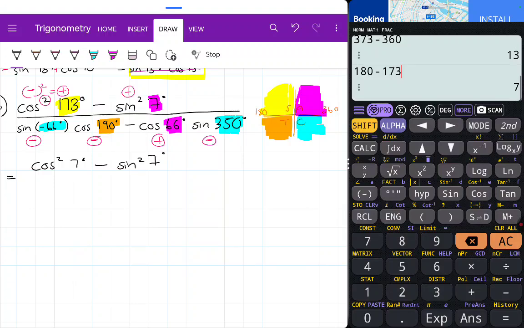Whew, that already looks very promising. Let me go back. You could skip this step, but I'm going to write it out. So this is cos squared of 180 degrees minus 7 degrees, and then this one is minus sine squared of 7 degrees. We don't do anything there.